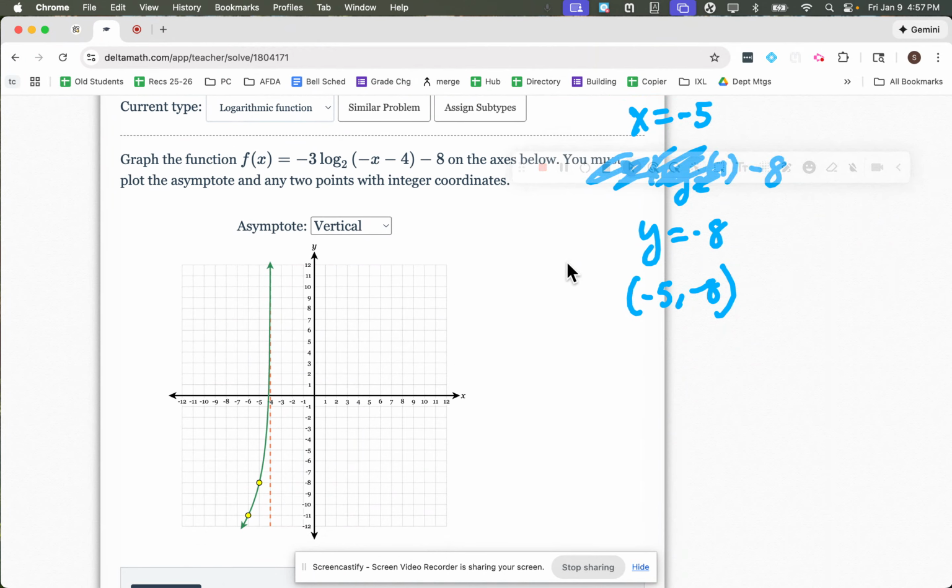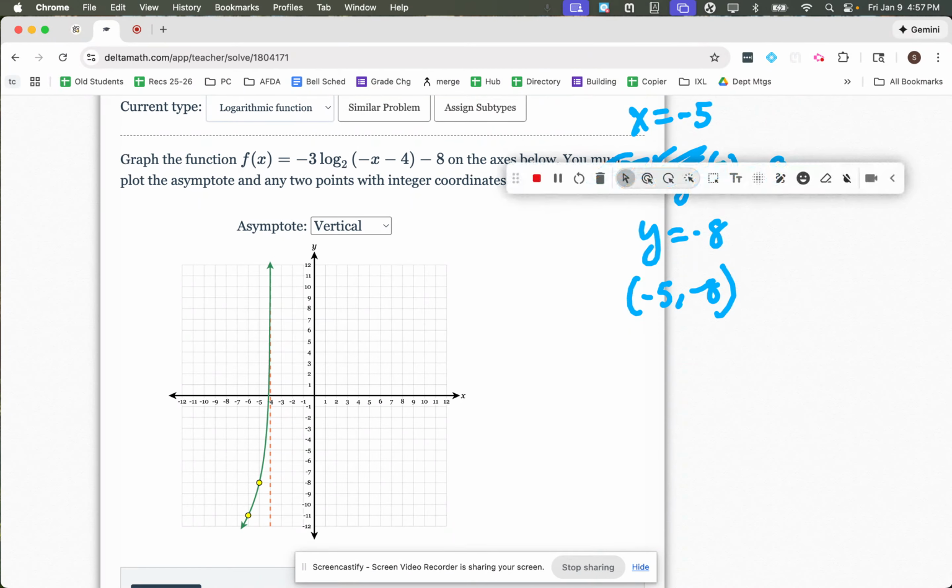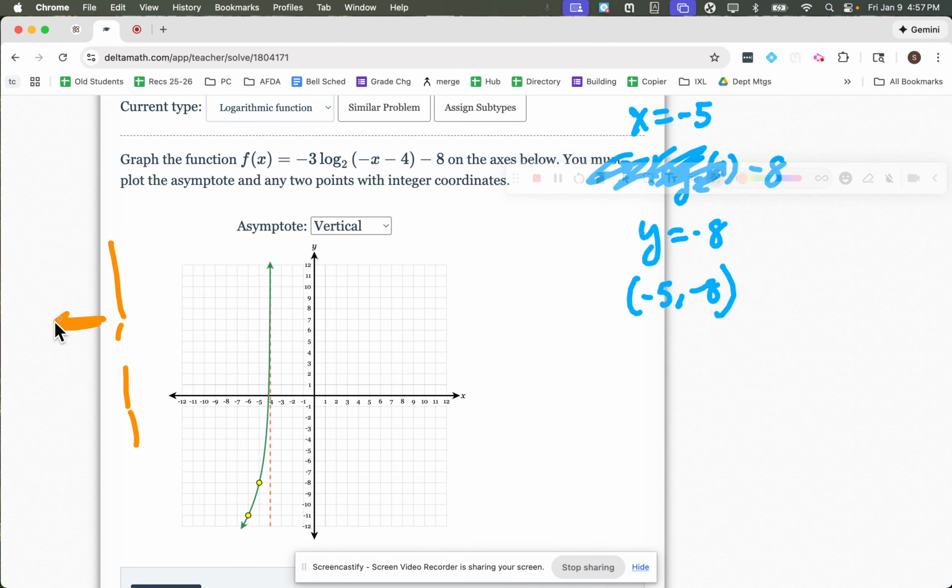So this is what we predicted. We said the graph was going to be on this side of the vertical asymptote, and it is. Plus, we said instead of rising, it was going to, well, maybe that's confusing language.